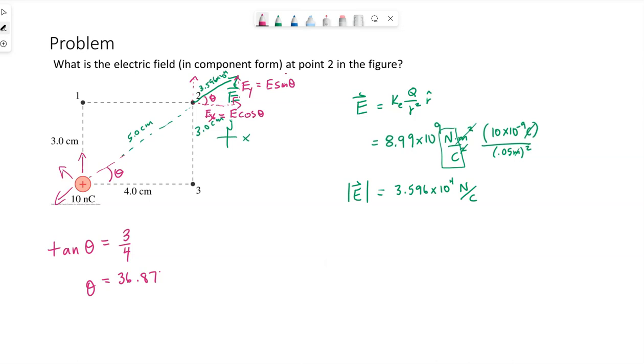Now, writing out our vector. I'm going to just write that out first, and then I'll plug in the numbers. So this x component in the x direction, it is E cosine theta. The y component is E sine theta. Those are both positive directions.